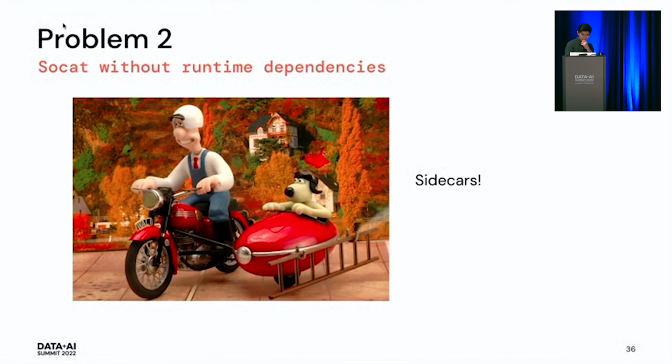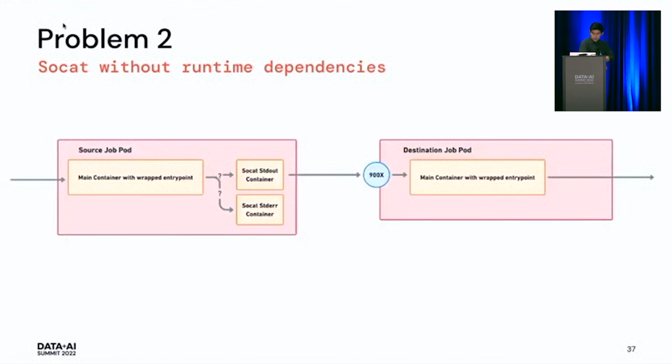And as this nice Wallace and Gromit picture shows, we can do so with sidecars. Again, not reinventing the wheel, a very well-known concept in software engineering. How this works is, instead of bundling socat with the main container, we put it in a sidecar container, and we take the main container, wrap its entry point, and shoot it to the sidecar container.